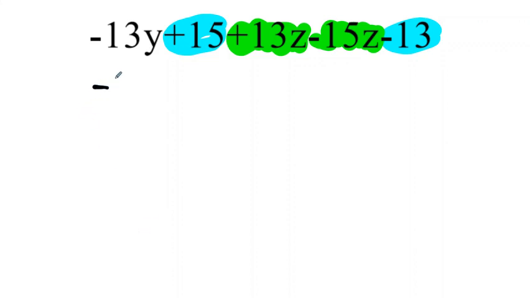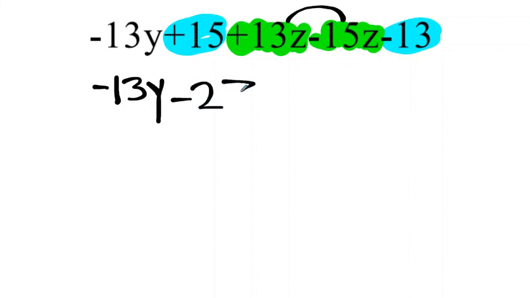Everything else I just copy. I am going to combine these two terms. 13 minus 15 is negative 2, and remember to bring in your variable. And now you have 15 minus 13, which is positive 2, and that's it. That's the end of my simplification.